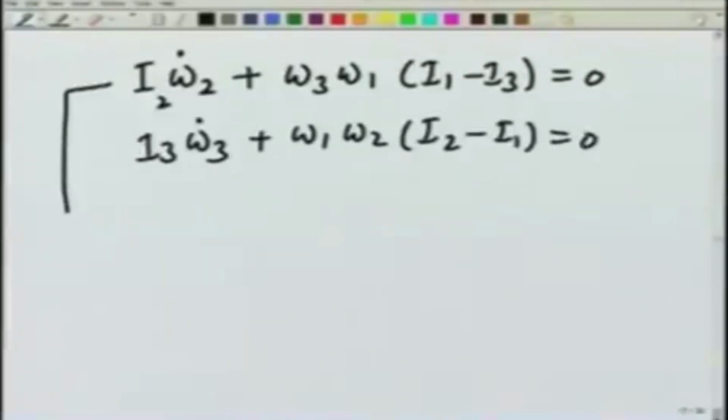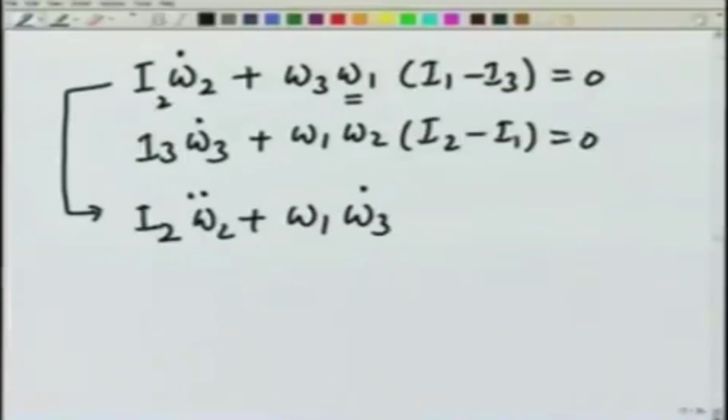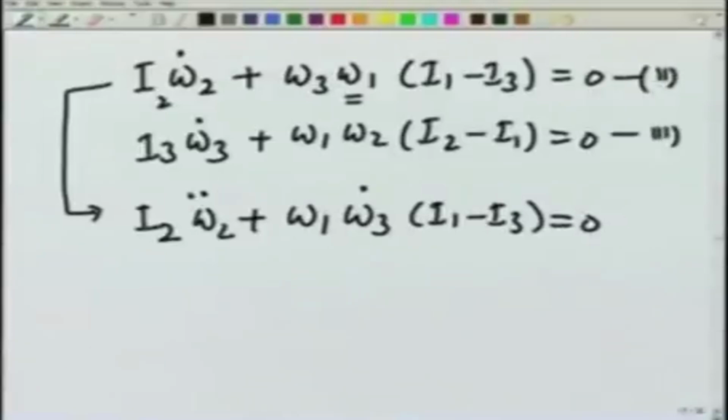Let us differentiate this once more so that we write this entire equation in terms of omega 2 alone. I would have I2 omega 2 double dot plus omega 1, which is already shown to be a constant, times omega 3 dot times (I1 minus I3) is equal to 0. This is equation number 2, this is equation number 3.